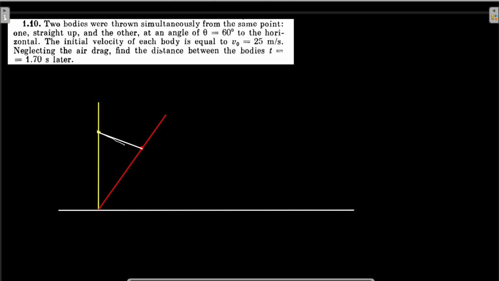One is traveling with v naught, and both had the same velocity, so each travels v naught into t. These two are the same, and we have an isosceles triangle. If this was 60 degree, this has to be 30 degree. So the rest, which is 150 degree, should be divided among these two, 75 and 75.